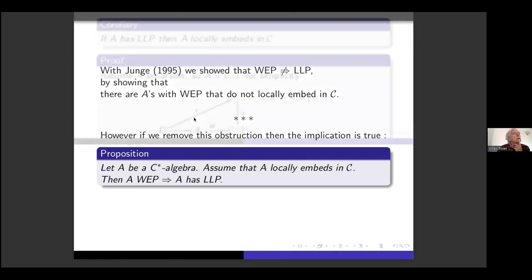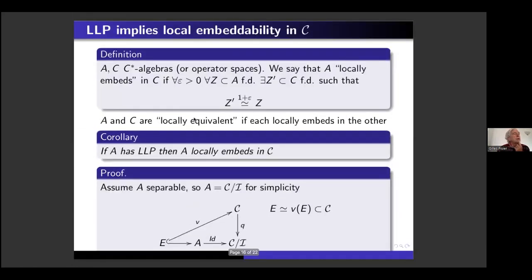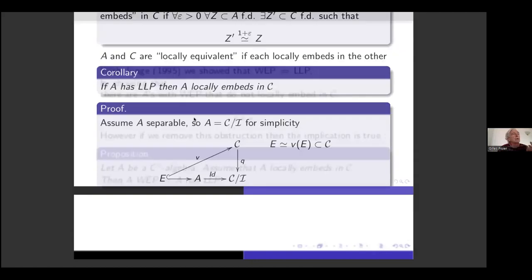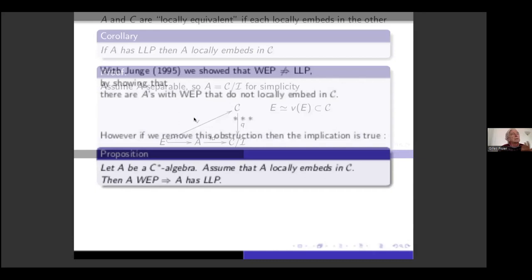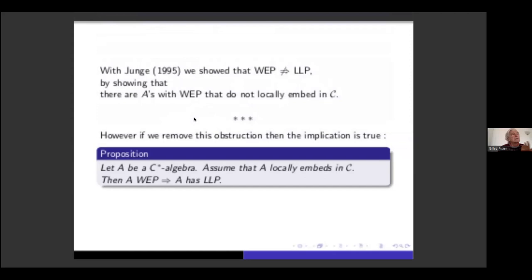Let me recall the preceding statement: local lifting property implies it embeds locally in C. That points to what we did, which is that B of H fails the local lifting property.